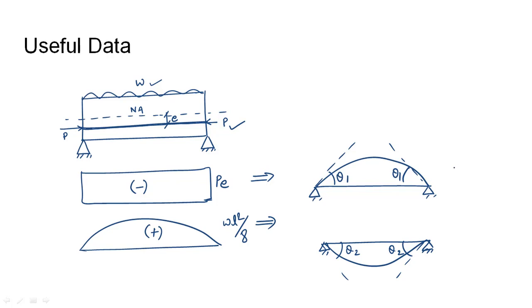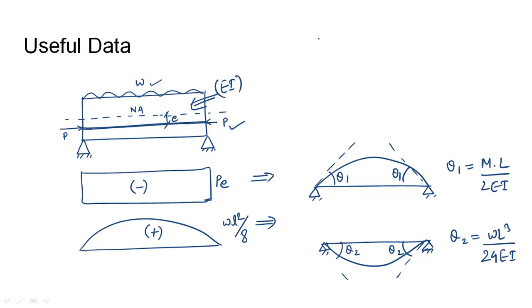Theta 1 is upward and has a value of moment into length over 2EI. Similarly, theta 2 has a value of WL cube by 24 EI, where EI is the flexural rigidity of the given beam.